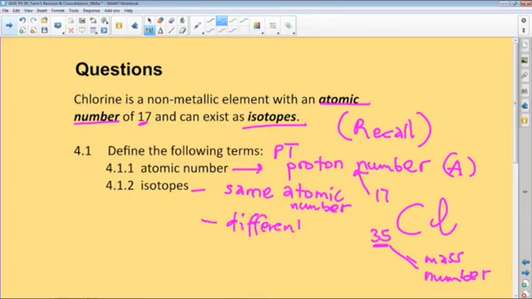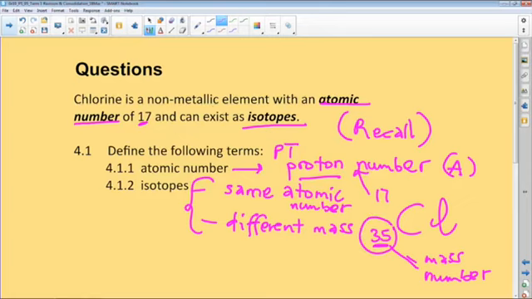If the same atomic number, it means the number of protons is the same. The number which will be different is the number of neutrons, which are the neutral subatomic particles, so different atomic mass. So we shall talk about different mass. So that's what is key about isotopes. So chlorine has got isotopes. It means there is another chlorine which could have a different mass than 35.